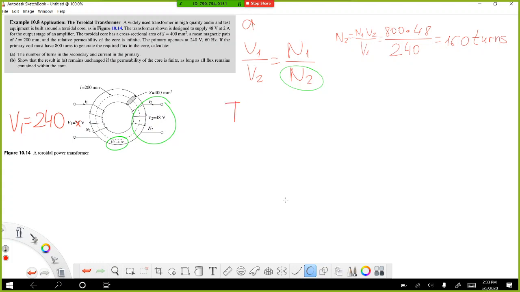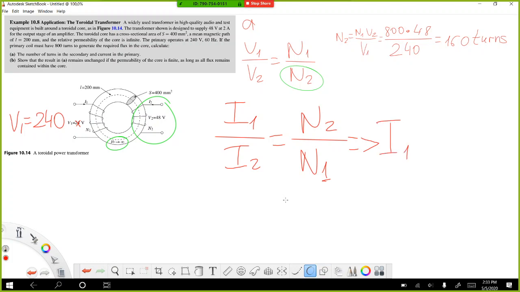Again, from the equations of the ideal transformer, I1 over I2 equals N2 over N1, and from here we can find I1, the current in the primary coil, will be equal to I2 N2 over N1.